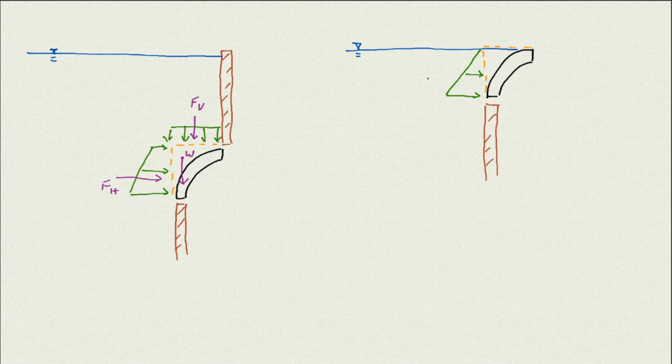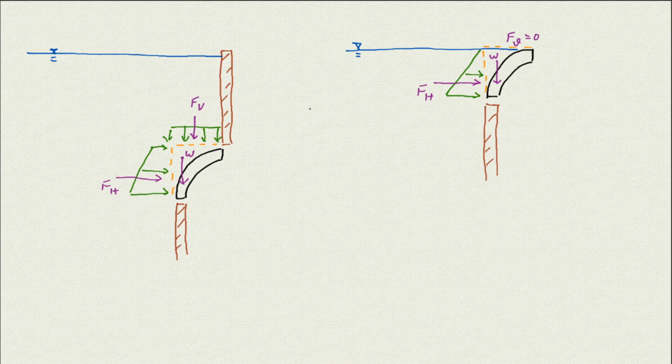So if I put the forces there, we have FH, which is this triangle, not the trapezoid, and FV is going to be 0, and then we have the weight of the water in that area above the gate, exactly in the area surrounded by a dashed line and the gate. So these are the cases where we have water right above the gate.